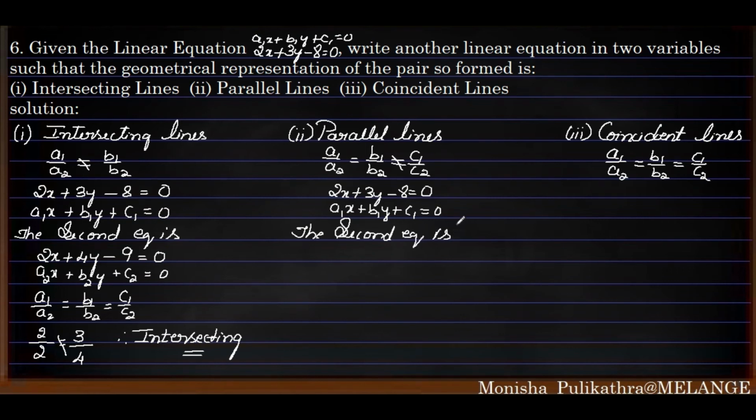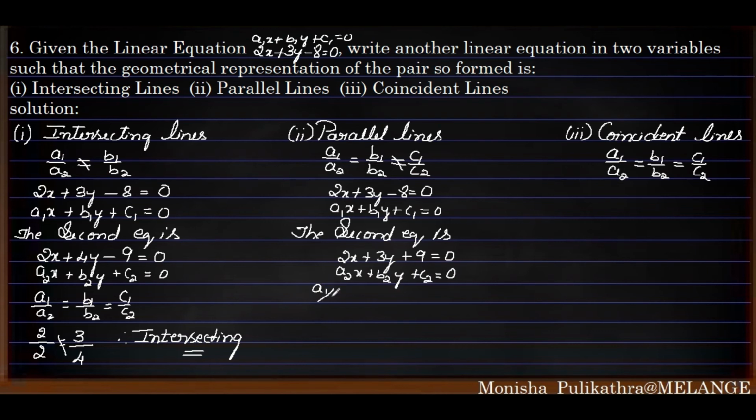For parallel lines, a1 by a2 should be equal to b1 by b2, but not equal to c1 by c2. So the second equation I will take is 2x + 3y + 9 = 0, of the form a2x + b2y + c2 = 0.